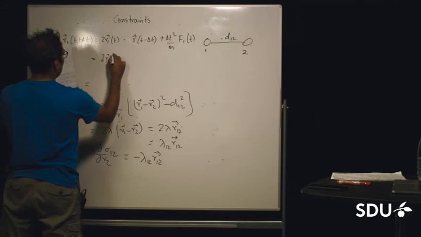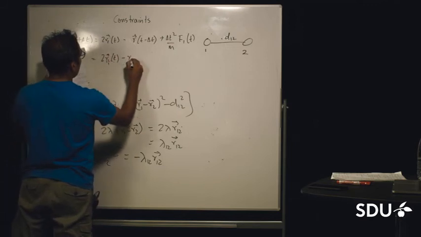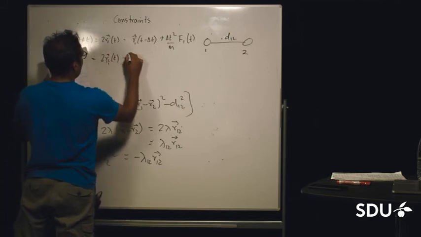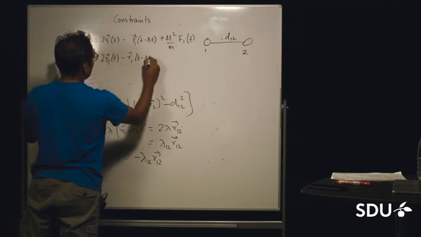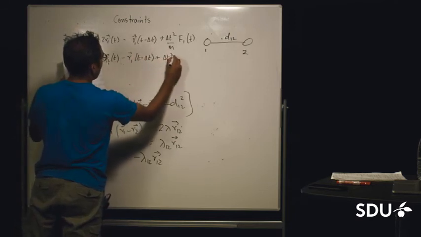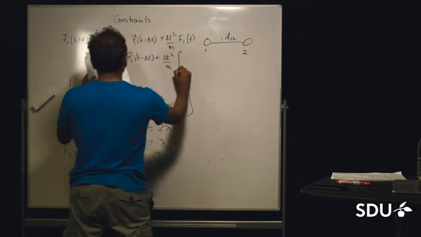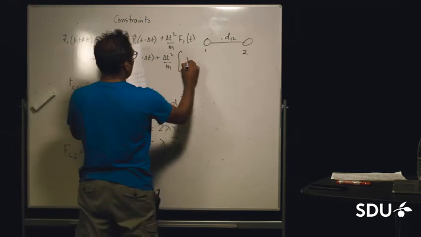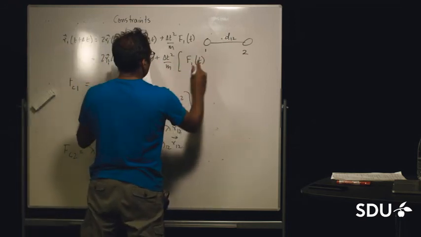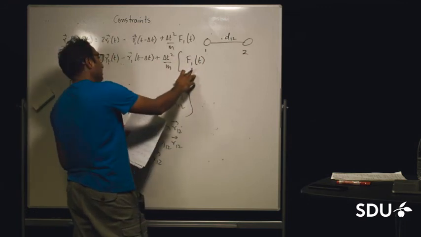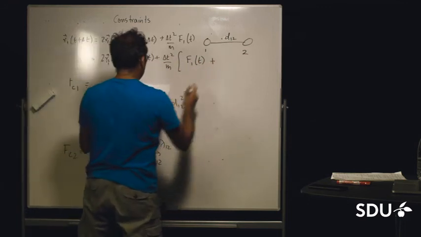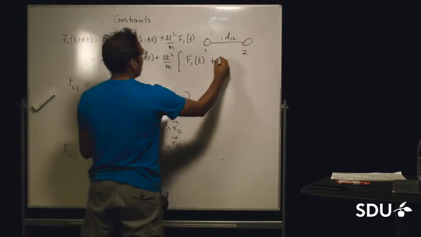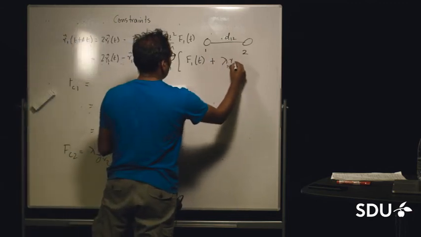So this equation becomes 2 r1(t) minus r1(t minus delta t) plus delta t squared by m multiplied by all the forces that this particle is feeling, which is equal to the forces from bonded and non-bonded interactions plus my constraint force, which is lambda 12 r12.